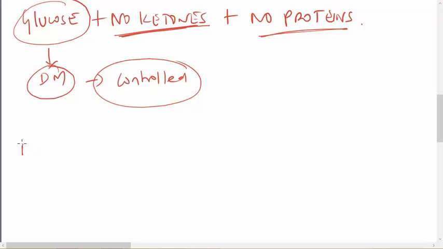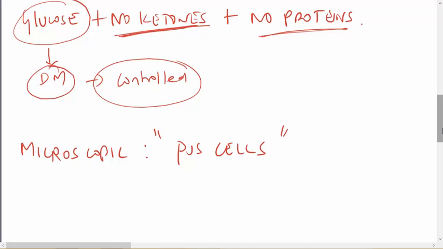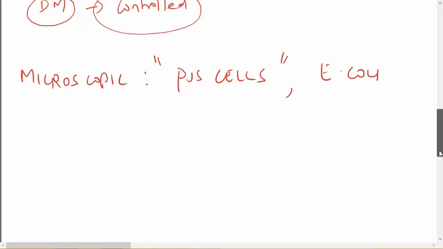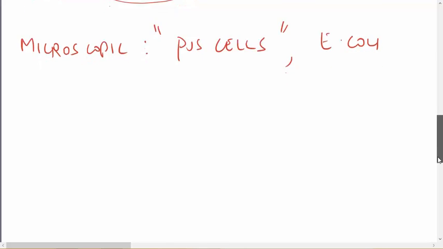Then microscopic examination of urine shows pus cells, as if it's a direct question. So you are seeing pus cells, and urine culture is E. coli positive. Which of the following complications is most likely to develop in this setting?